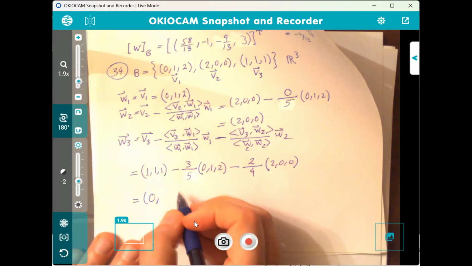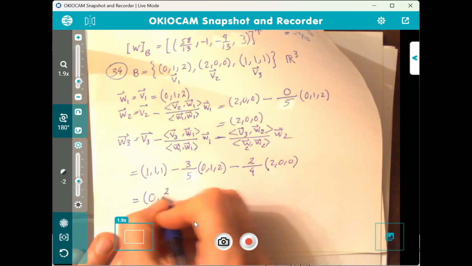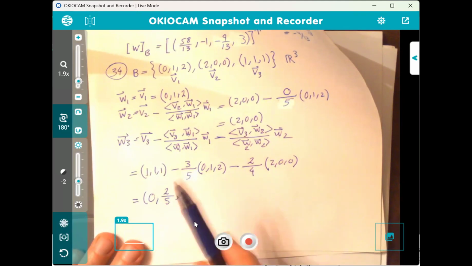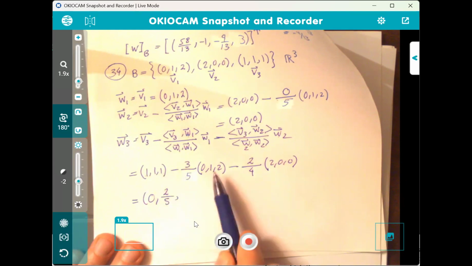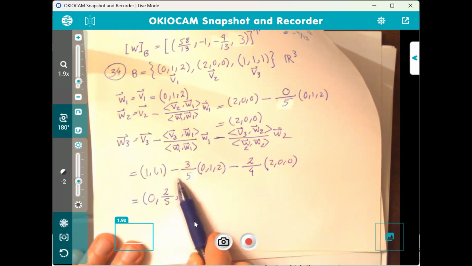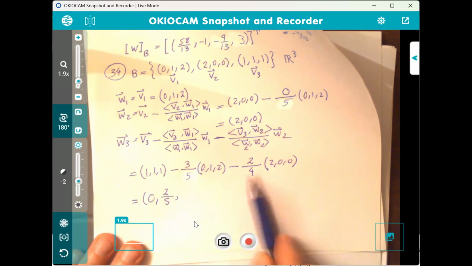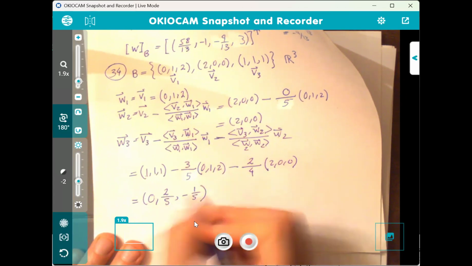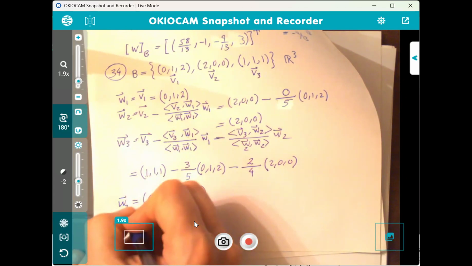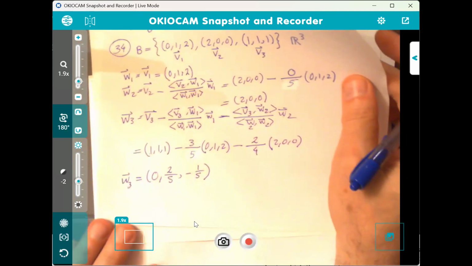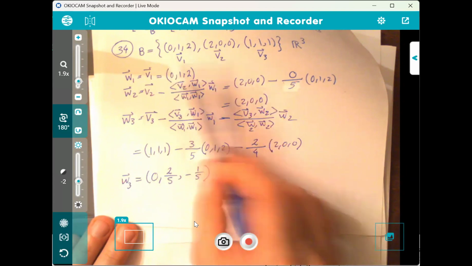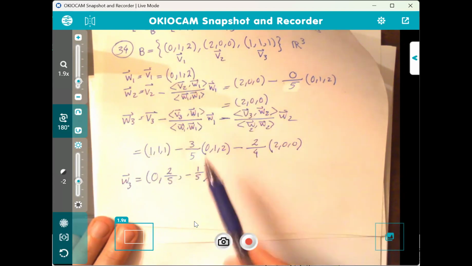So the second component, therefore, is 2/5, right? 1 minus 3/5. The last component is 1. 2 times 3 is 6/5, negative. 1 minus 6/5 is negative 1/5. And then that's a 0. So it's going to be negative 1/5. And that is W3. And you can see if we had W4, if the basis was in R4, R5, this can get really hectic, right?